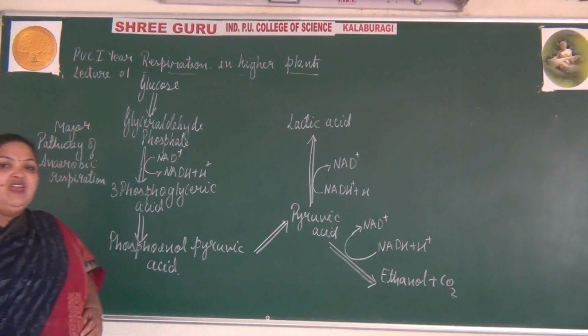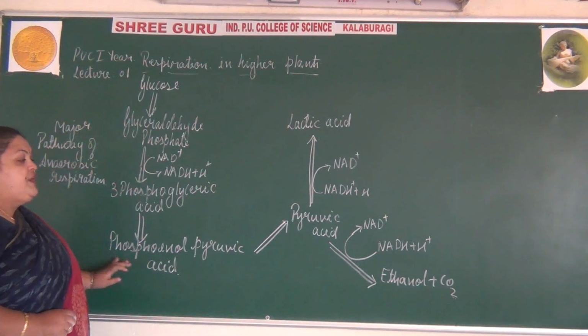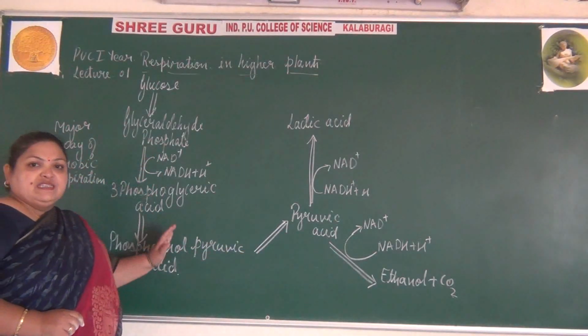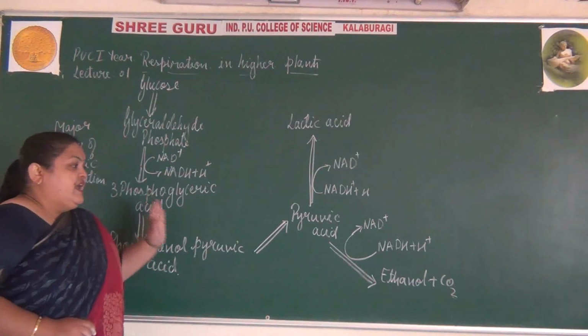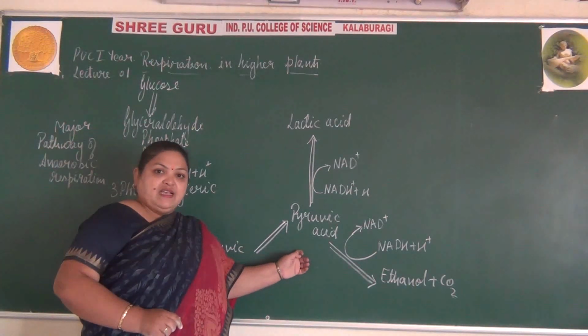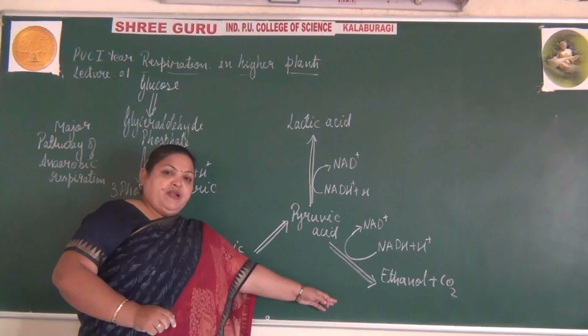So this pathway shows the conversion of glucose into pyruvic acid. This whole process is glycolysis, and the end product of glycolysis is pyruvic acid, which can go to alcohol fermentation.